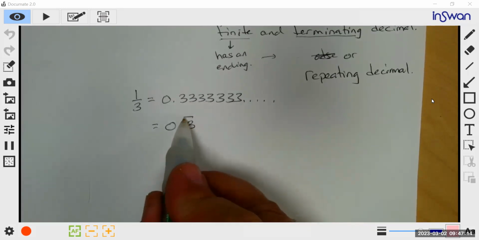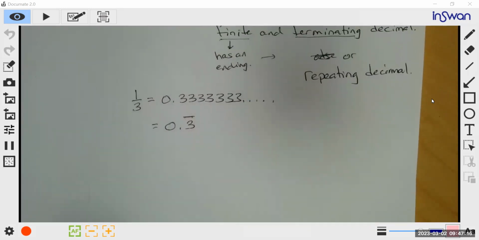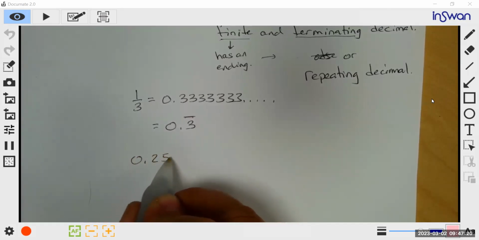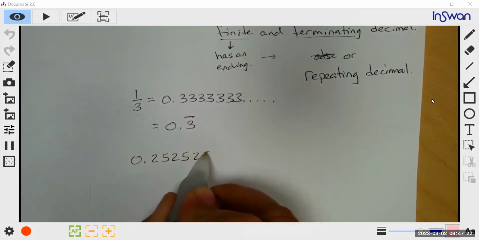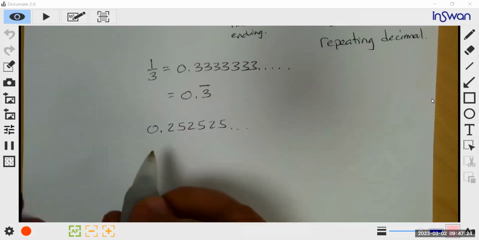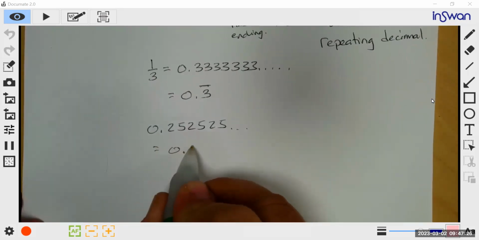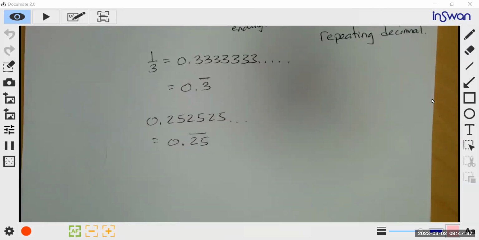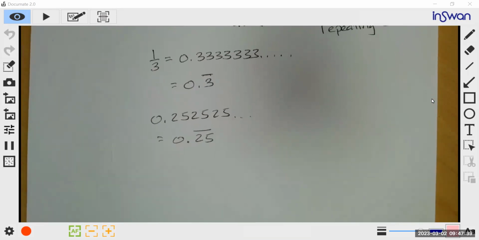That means if this bar is on top of it, it repeats. Or if we had a decimal that was, let's say, 25, 25, 25, and so on, we would write 0.25 with a bar over it. So if it's a repeating sequence of numbers in the same order, we just write that first sequence and put the bar over it.